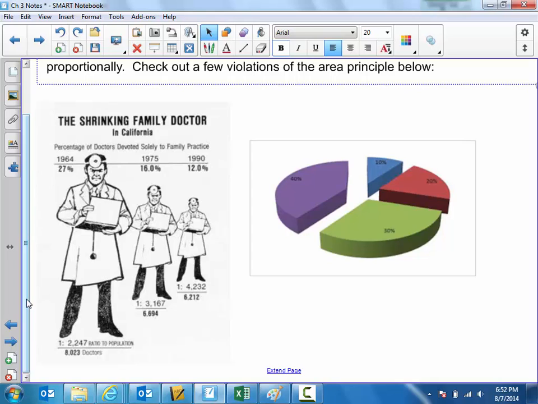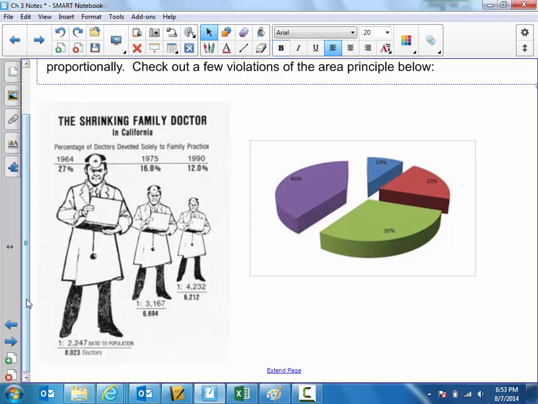You've got the shrinking family doctor in California, percentage of doctors devoted solely to family practice, tracked from 64 to 90. And we are told on that top horizontal axis that in 1964, 27% of doctors were devoted solely to family practice, whereas in 1990, only 12% were.